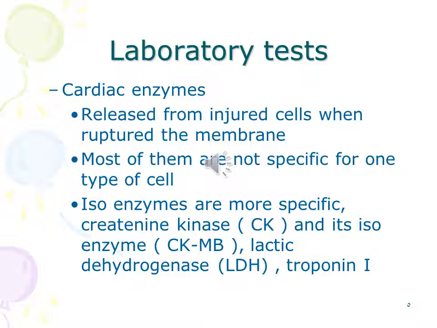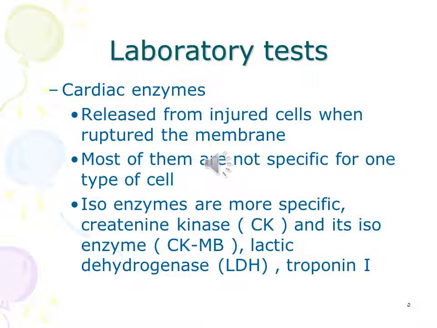In addition, we have the lactic dehydrogenase, LDH. It's not specific for the cardiac cell because there are 5 types of it. Injury in the liver, spleen, and pancreas could lead to an increase in lactic dehydrogenase.